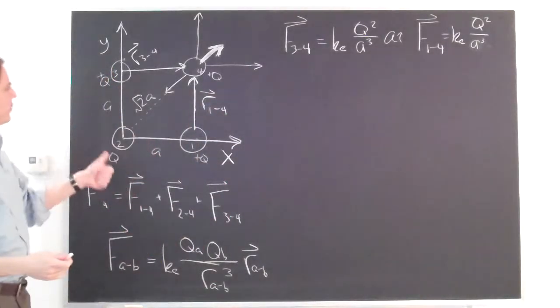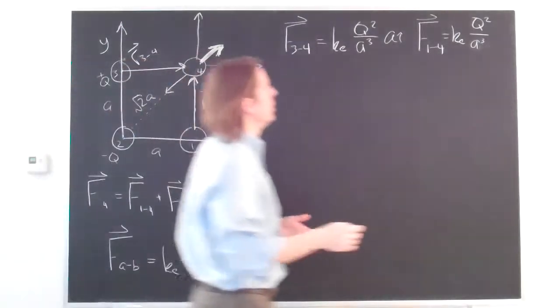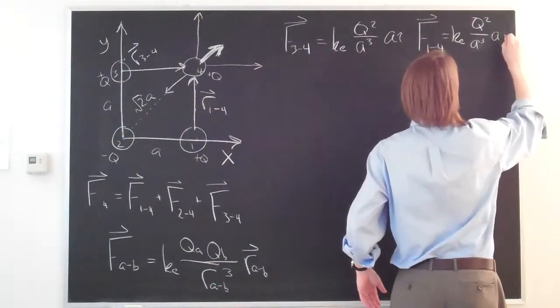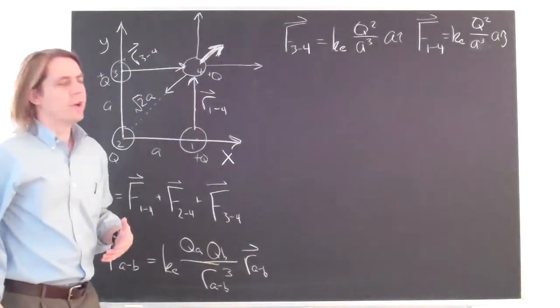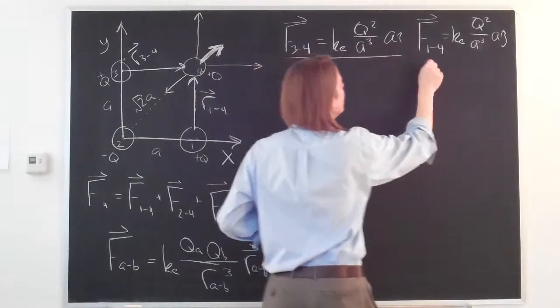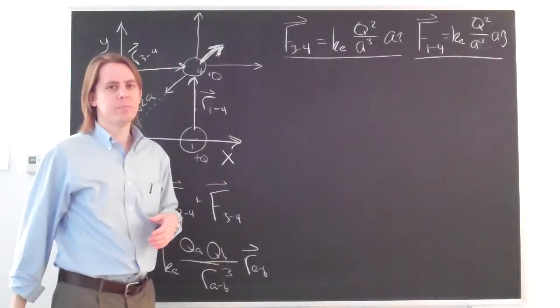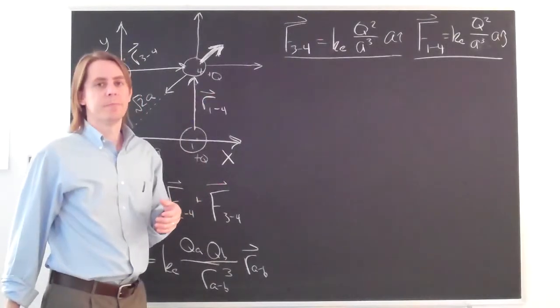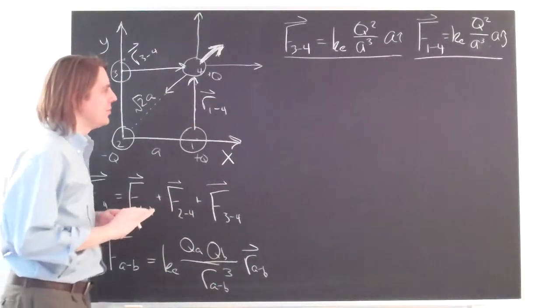What is that? That's a vector pointing up in the y direction with a magnitude of A, so that's just A J hat. So there we have F3-4 and F1-4. And you can see that if you cancel that A, it's the same answer as last time: Keq squared over A squared. That wasn't such a huge leap in simplifying the problem.